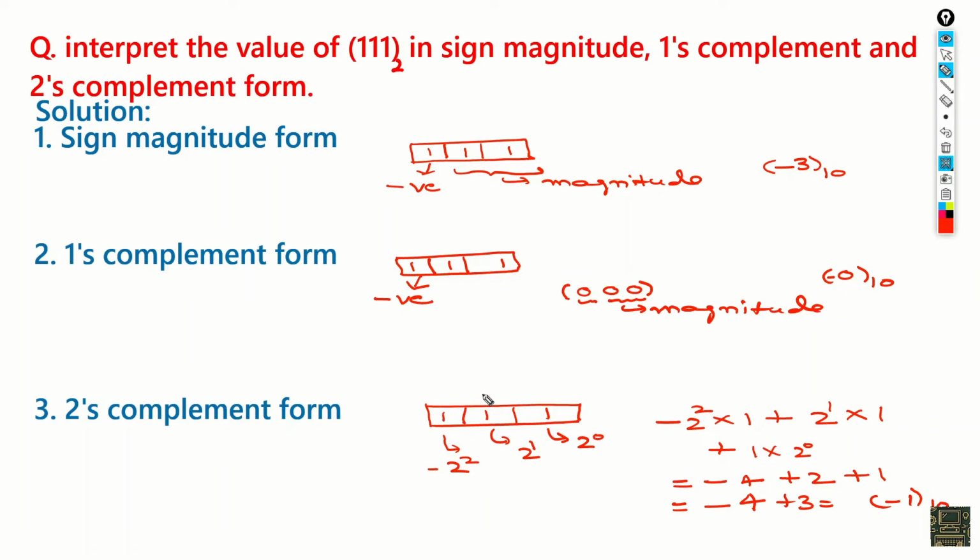And if this value is in 2's complement format, it is minus 1 in decimal number system. So this is the way we have seen how to represent the number using three different methods: sign magnitude, 1's complement and 2's complement form.